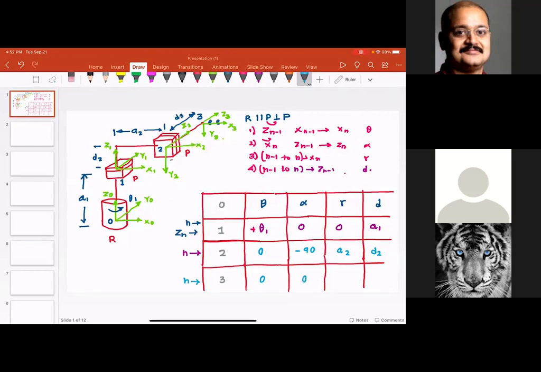Then r is the distance from frame 2 to frame 3 along x3, that is 0. And the last, n minus 1 to n, which is 2 to 3 along z2, is going to be d3. Just please make sure that I have not made any mistake here.